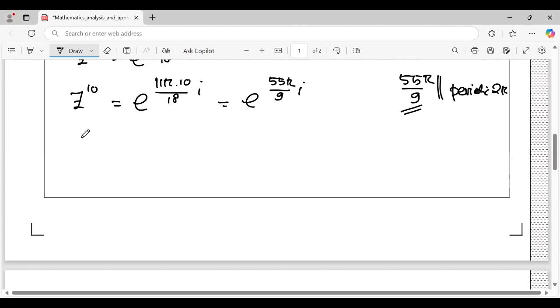First we determine how many times 2 pi fits into 55 pi over 9.